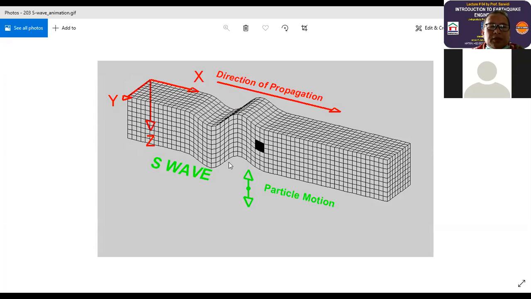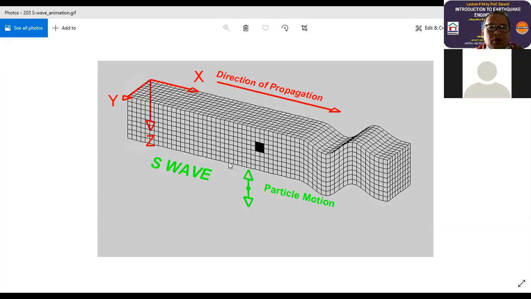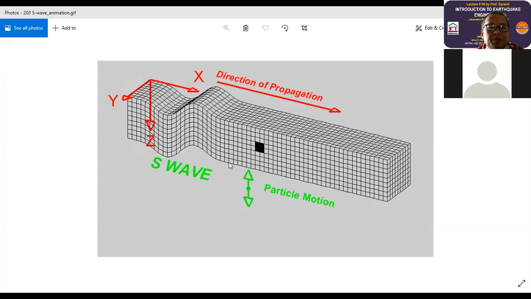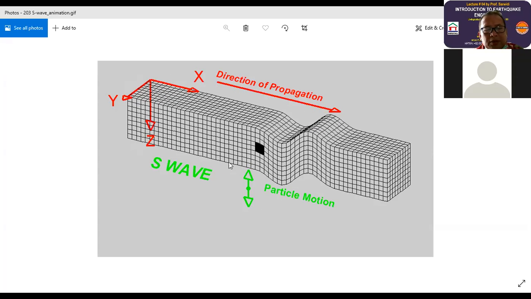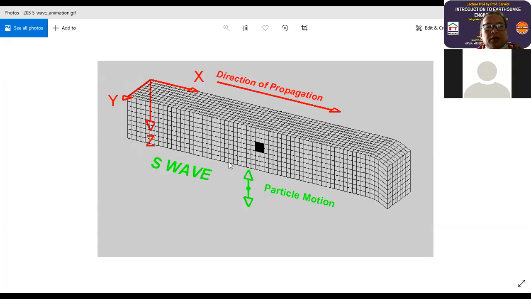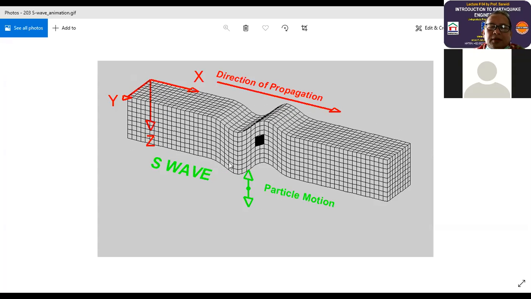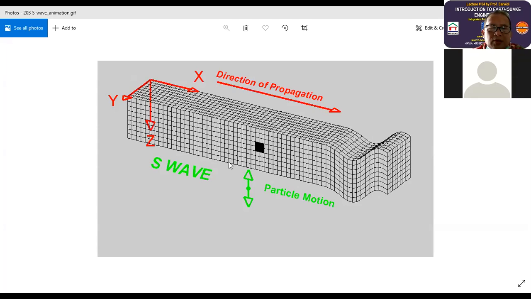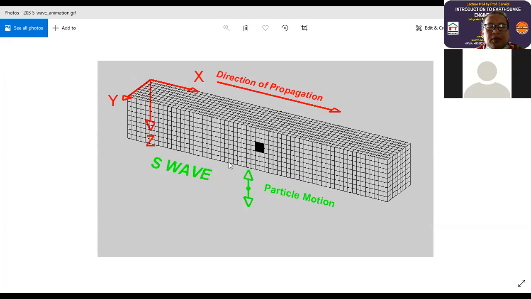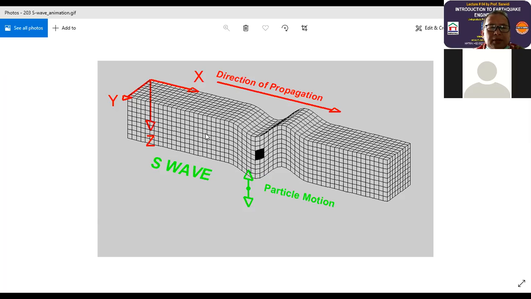Actually it is not only up and down from our position; from the focus of the earthquake going to the surface, it could also look like going horizontally. Of course, the speed of these waves is smaller than P waves.